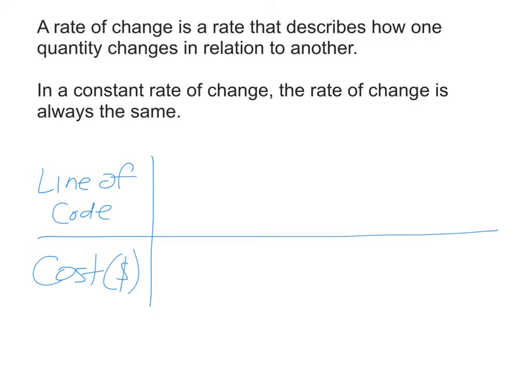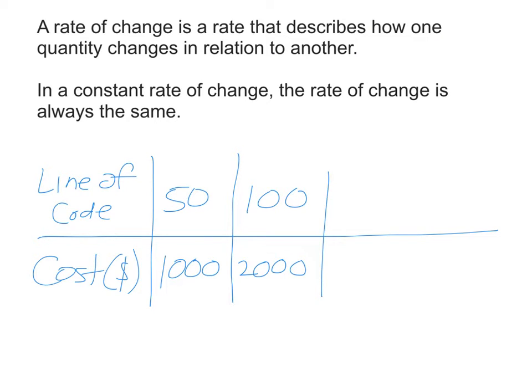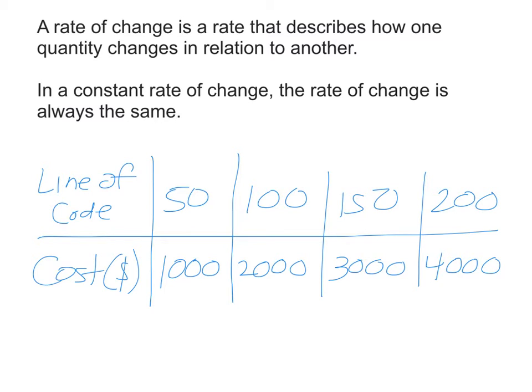So for example, if I have 50 lines of code, it's going to cost you $1,000. 100 lines of code will cost you $2,000. 150 lines of code will cost you $3,000, and 200 lines of code will cost you $4,000.